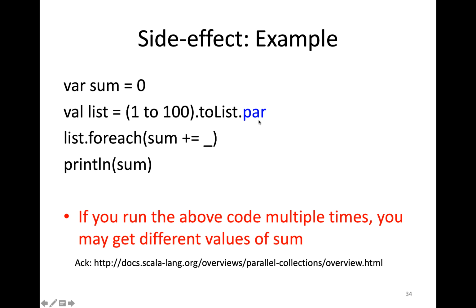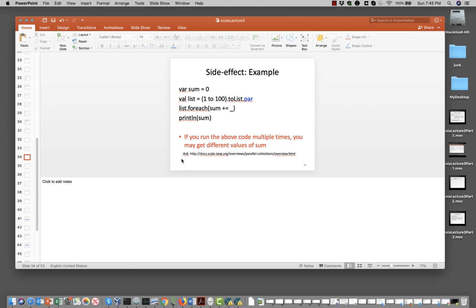Then this is a parallel list and we are using for each to get each item in the list, and we increment the sum with that current item, and finally we check the total sum. So we hope this will give us the correct result, but that we can test is not the case.